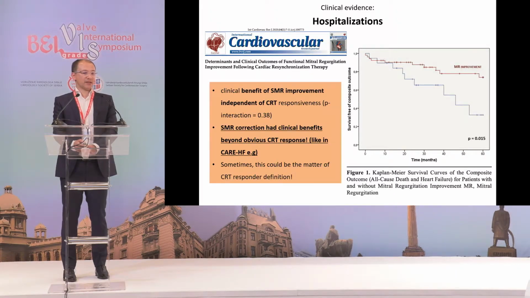Benefit od smanjenja sekundarne mitralne regurgitacije pokazano je da je nezavisan od CRT-a, to je bitan podatak i ovo direktno implicira da korekcija sekundarne mitralne regurgitacije ima kliničke benefite koji su očigledno iznad CRT responsa.